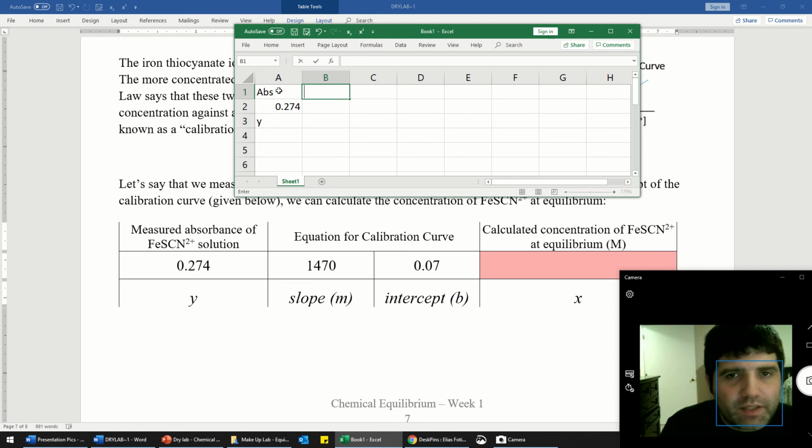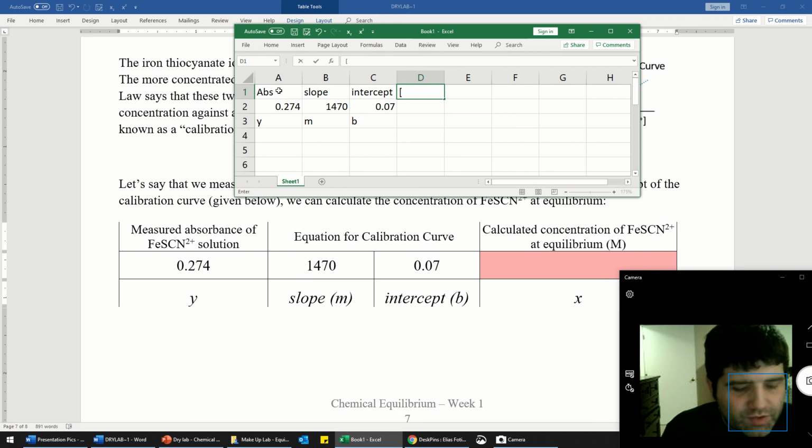We have 1470 for our slope m. We have an intercept of 0.07, b, and then our job is to calculate the concentration of FeSCN2+, which is going to be the x value.